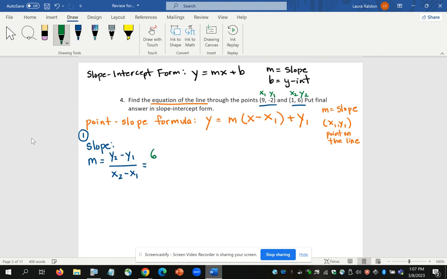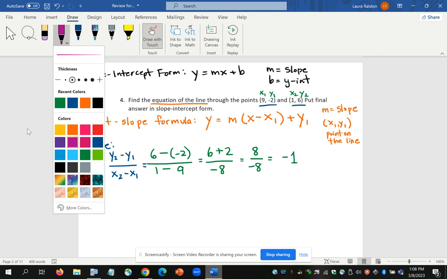I have 6 minus a negative 2 over 1 minus 9. So I have 6 plus 2. Remember, minus and minus make a plus. 1 minus 9 is negative 8. So I have positive 8 over negative 8, which would simplify to negative 1. So the slope that I'm going to use to calculate this line is negative 1.